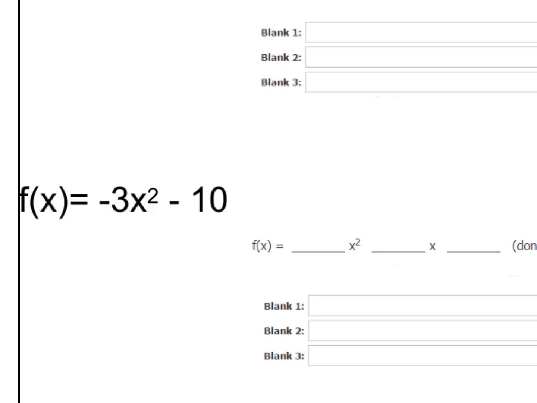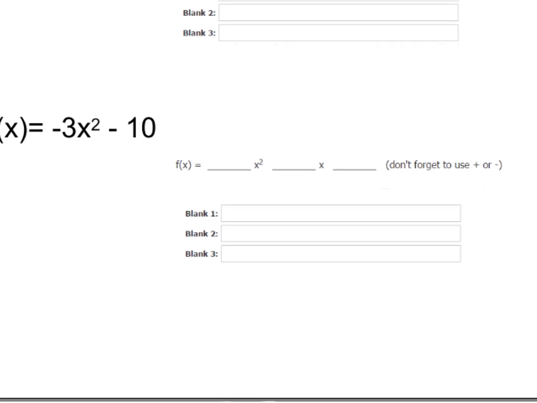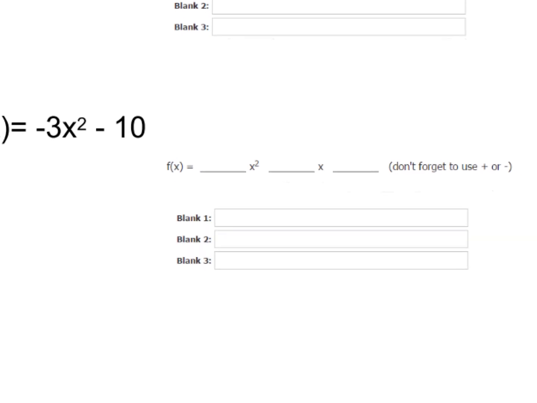Okay. Would you just make sure you understood that by going, okay, this is first, so this goes here. But wait, there's no X on this one. If there's no X on this one, I'm going to move this -10 over, like over here. Then if there's no X, you could say that there's a 0x.